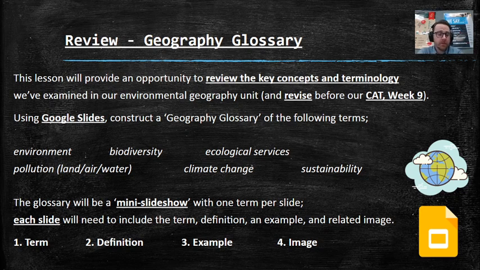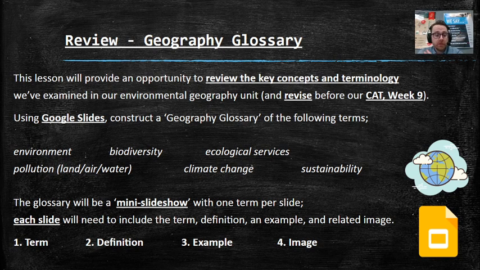In this lesson you'll be using Google Slides, which you should be pretty familiar with now, to construct a geography glossary of the following terms. Environment. Biodiversity, so having lots of different sorts of variances in the types of plants and animal life in the environment. Ecological services, so the different things that the environment does for us.